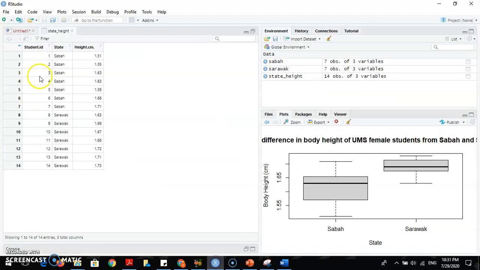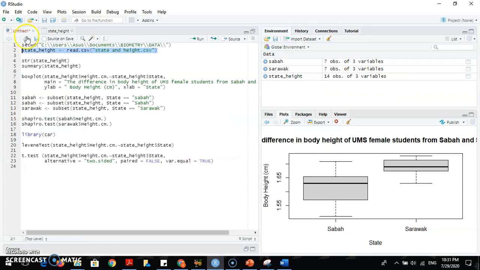And then, moving on, I continued to plot the data into a box plot, and then I did some subsetting, separating the data into two subsets, which are Sabah and Sarawak.